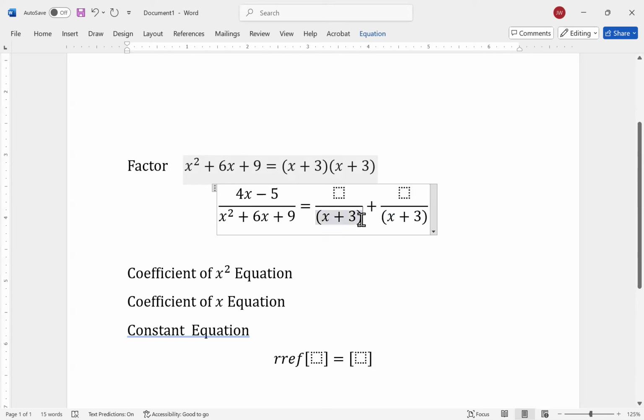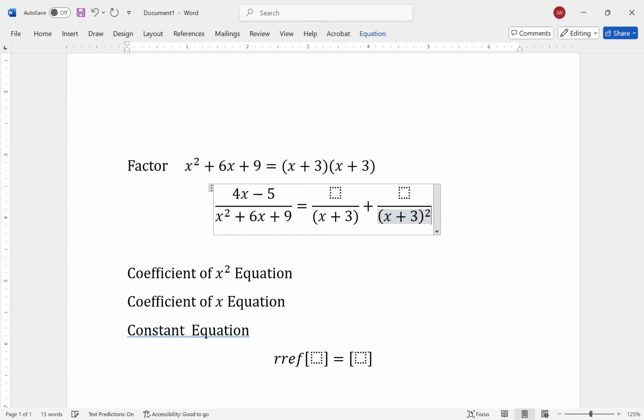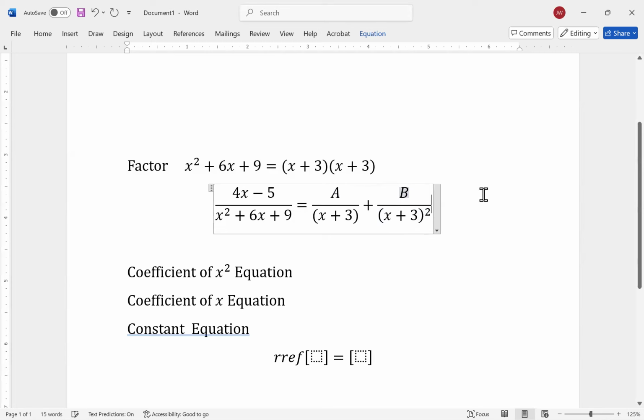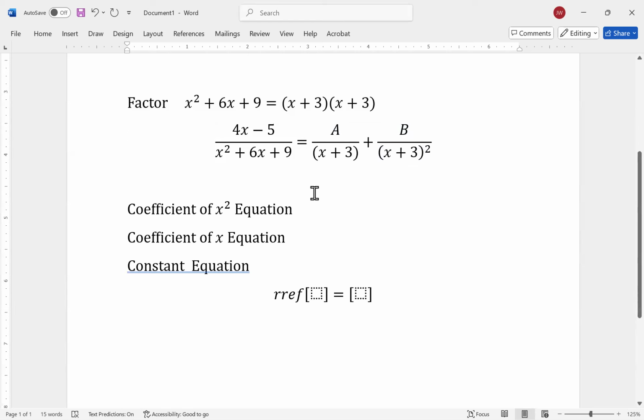So what we do in this case, if we have a repeated linear factor, we write one linear factor raised to the 1st power, and then our second linear factor, we're going to raise that to the 2nd power. Now we're going to put an A in the numerator of one fraction and a B in the numerator of the other fraction.